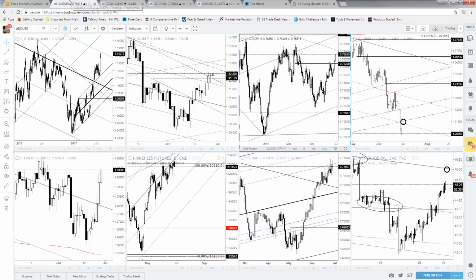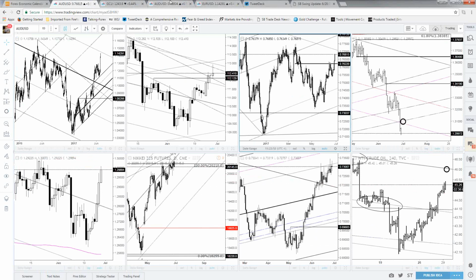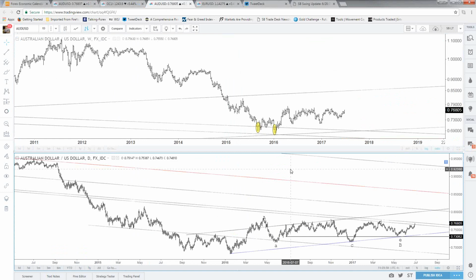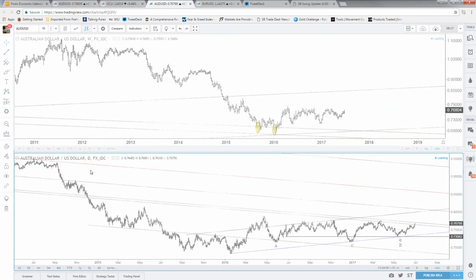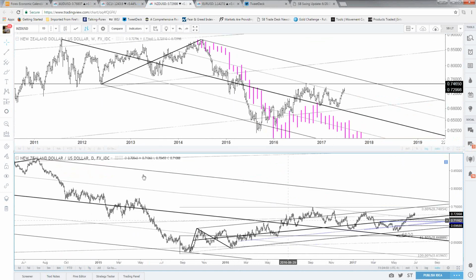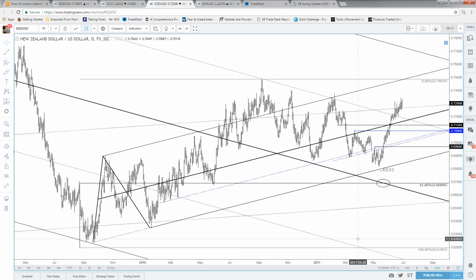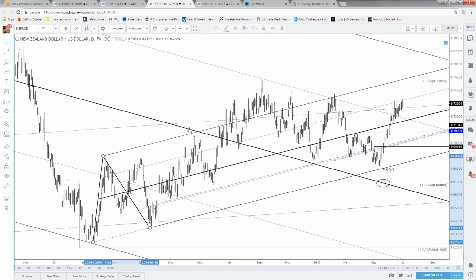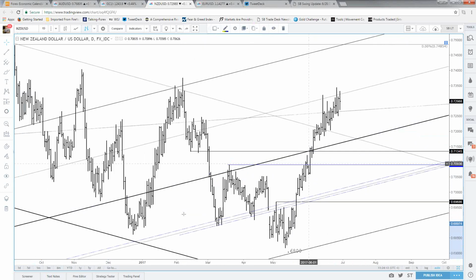Kiwi, really quite a bastard here. So it continues to struggle up here, right?